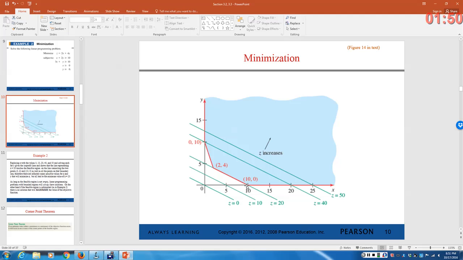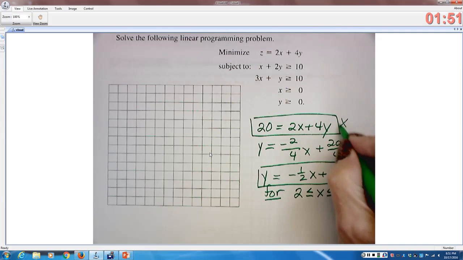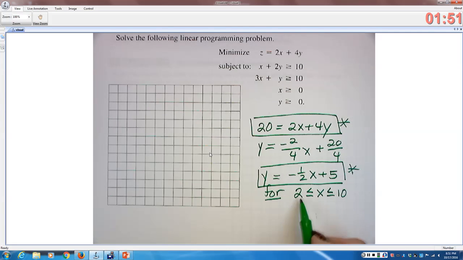Any x values that solve that equation or that equation between 2 and 10 are solutions that will minimize the objective function. This might be a cost function. Okay? So you can refer to either that equation or that equation, but you have to add that restriction to it.